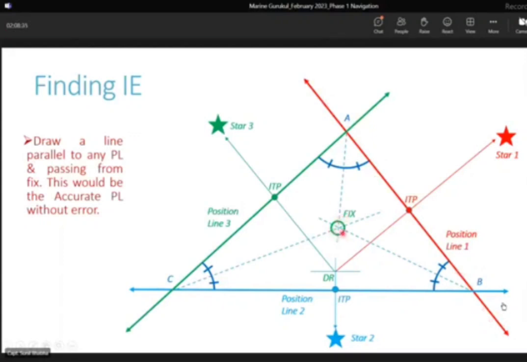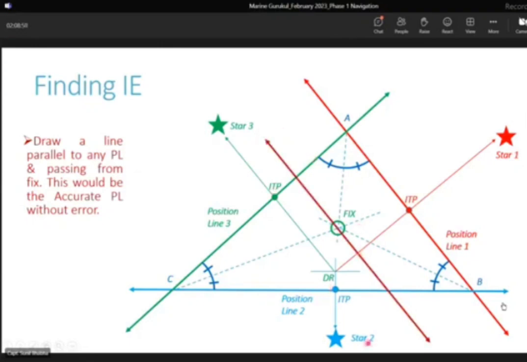So we pick up our parallel ruler or sliding ruler or set square, whatever tool you are using, and align it with our first PL, the red color PL, shift it, transfer it to pass from the fix, and then draw a parallel line. Let's draw the parallel line in our plot.